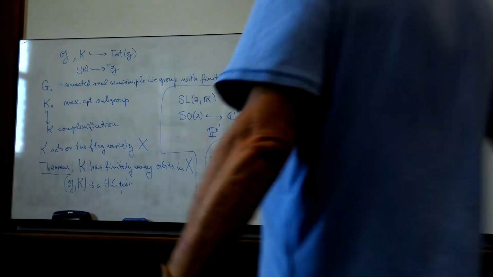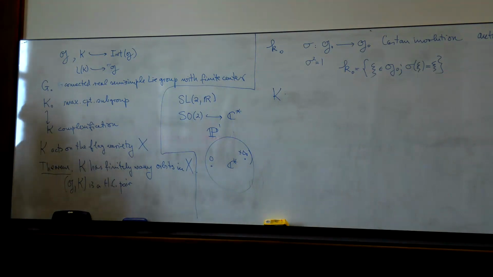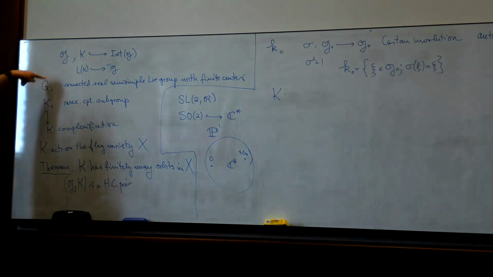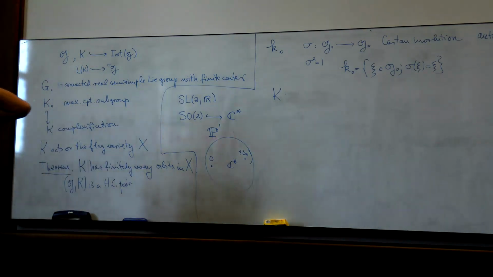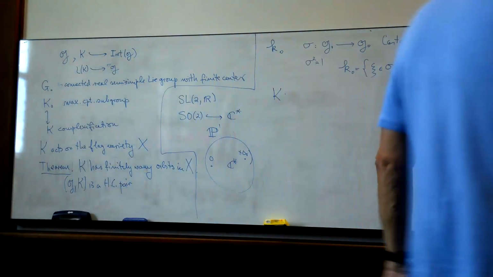But basically the only thing we need, and this is kind of motivation, is that the Lie algebra of K is the fixed points of an involution of G. Everything follows from that.